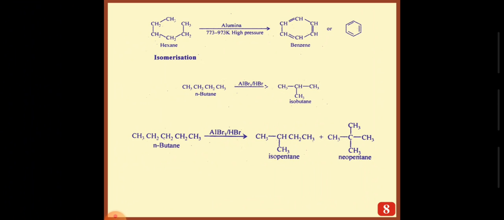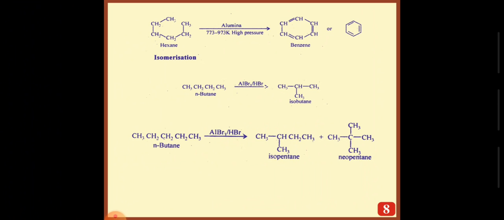We can also say aromatization or catalytic dehydrogenation. That is, hexane on treatment with alumina at 773 to 973 degree K or high pressure, benzene is formed. This is known as aromatization.